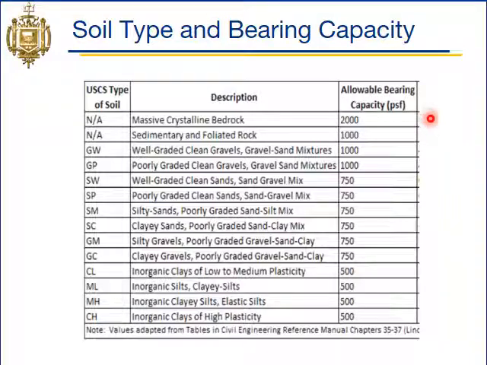At the top of the bearing capacities, we have gravels, so our coarse grained soils are our strongest soils. And going all the way to the bottom are fine grain or cohesive soils, our weakest soils. So with the soil classification, you can find the allowable bearing capacity using this chart, and you can figure out if your soil is going to work for the situation that's been given to you.